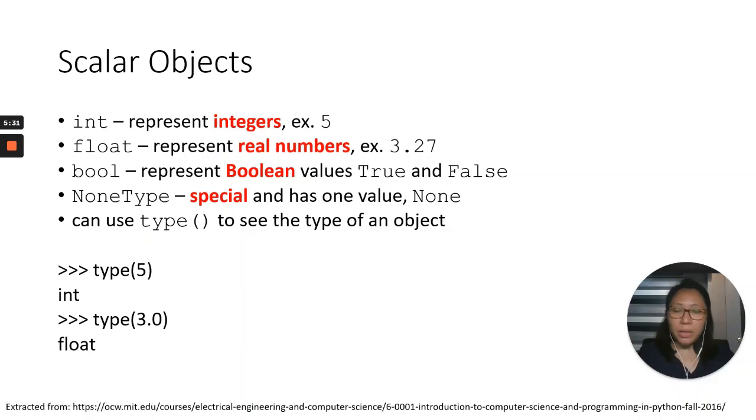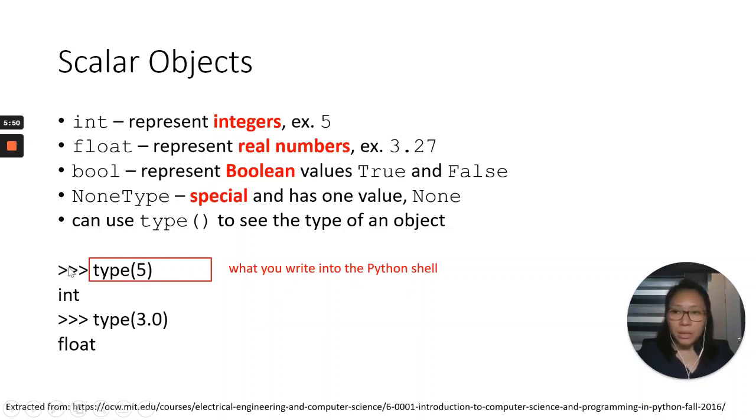And there is a command in Python, type, that we can use to know the type of an object. For example, here, type, and inside the parentheses, we put the integer 5. This is what you write into the Python shell.